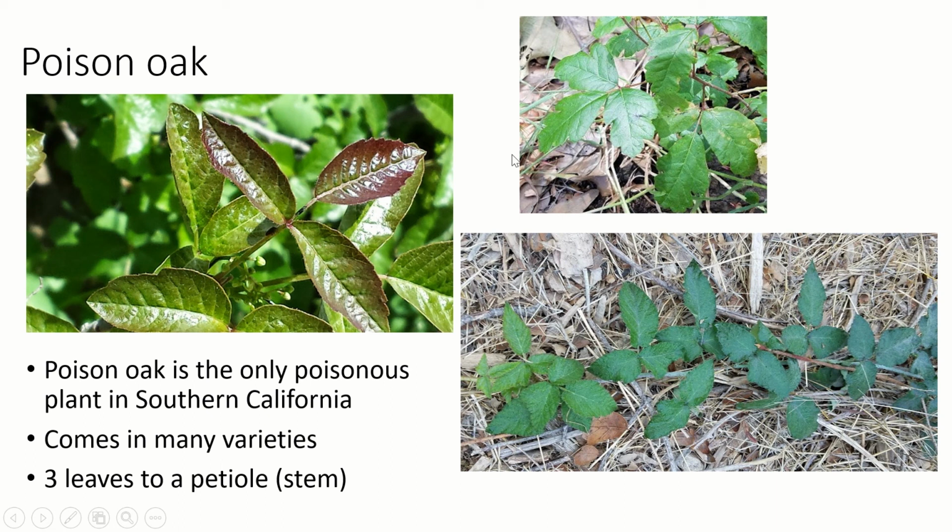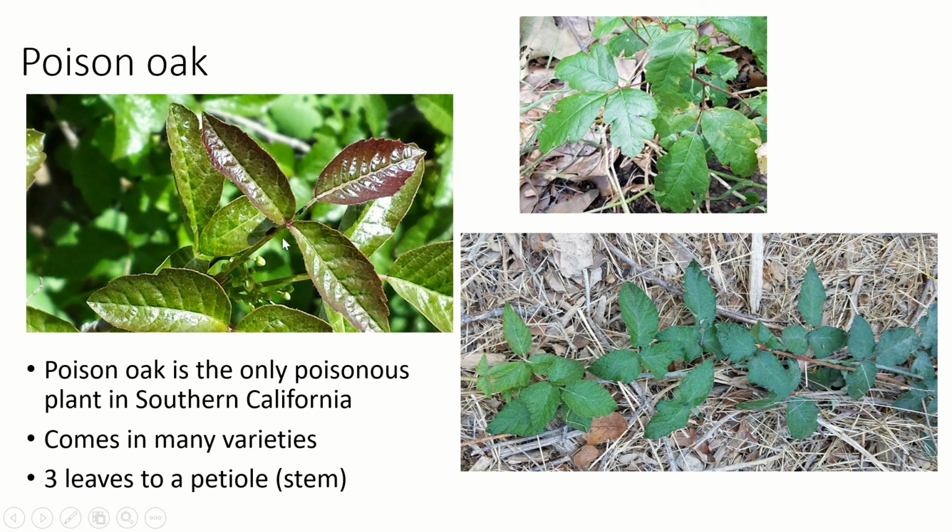All of these, with all these different shaped leaves, are poison oak. Poison oak comes in a lot of varieties depending on the environment it's growing in. There are a bunch of strains of poison oak. But the way you can distinguish it is that there are always 3 leaves on one petiole. Now, a lot of plants have 3 leaves at the end of a petiole, but then they have other leaves on that same petiole behind it.